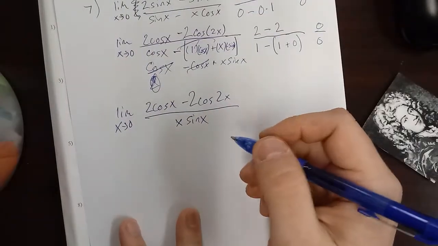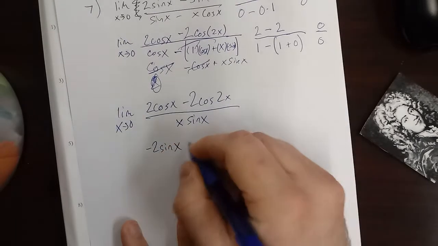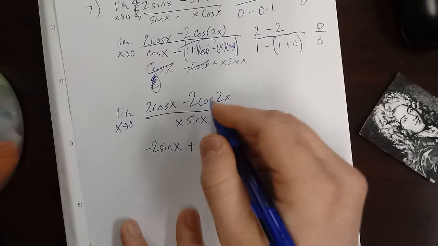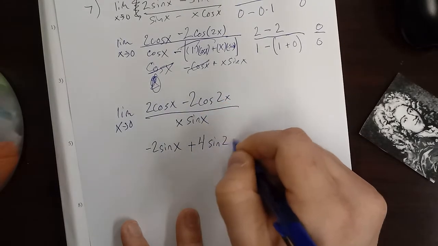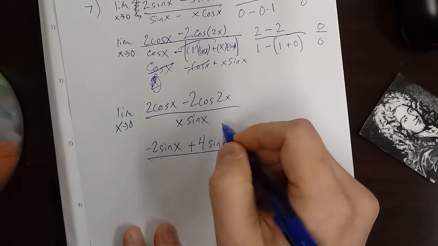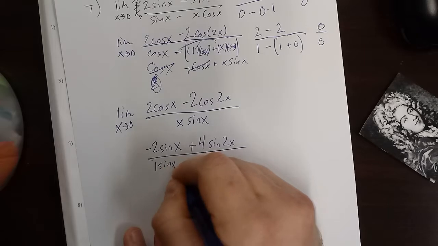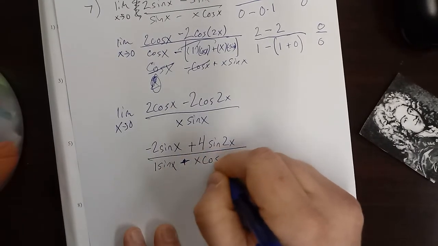So let's see. We'll take the derivatives again. We'll get negative 2 sine x, and then plus, because it's going to turn into a negative sign, and the 2 is going to pop out, so 4 sine 2x all over. And I got to do product rule again. So I'll have 1 sine x plus x cosine x.